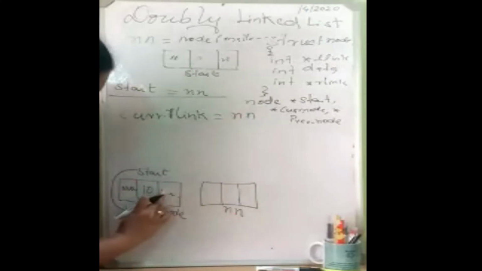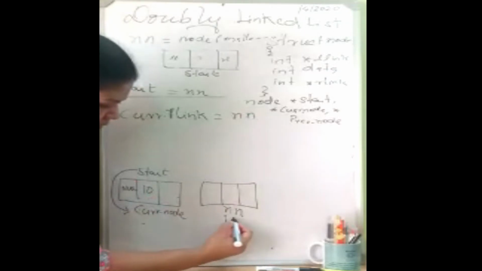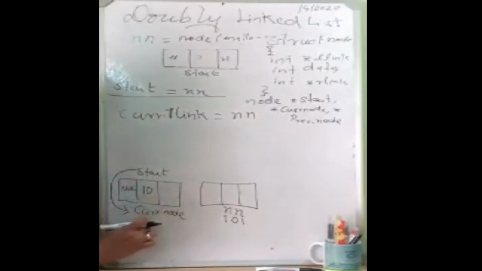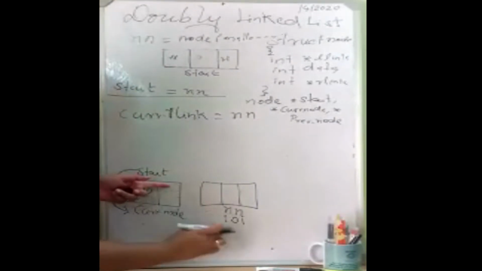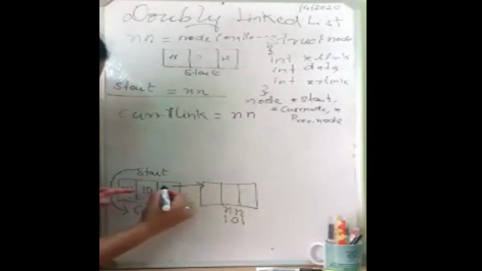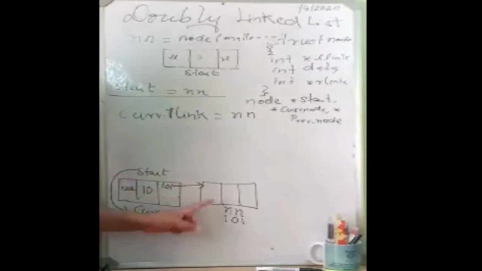So the null value, say for example, I'll consider this is 101, right? So in the current node right link we are going to store the address of this new node, so 101 will be here. And in the same way, we have to store in the new node left link the address of this node, right? So how can I get the address of this node?